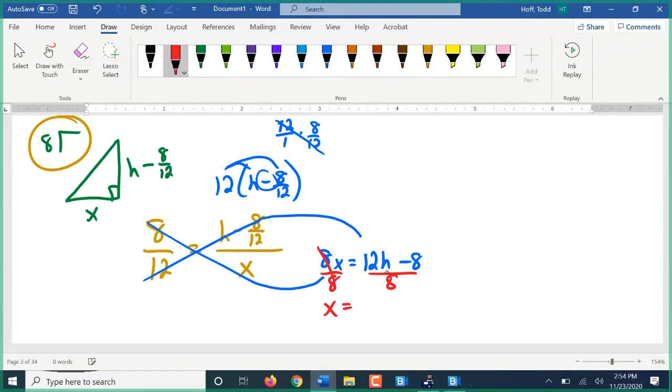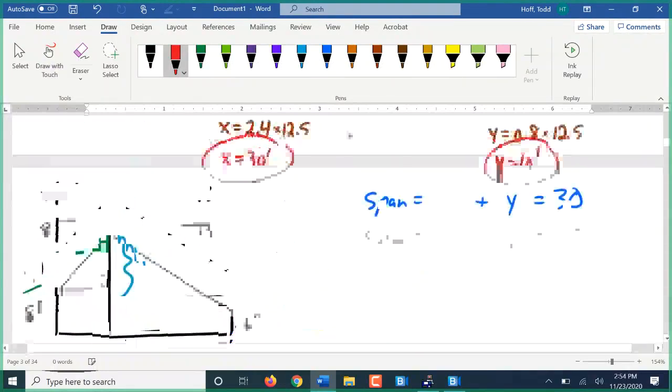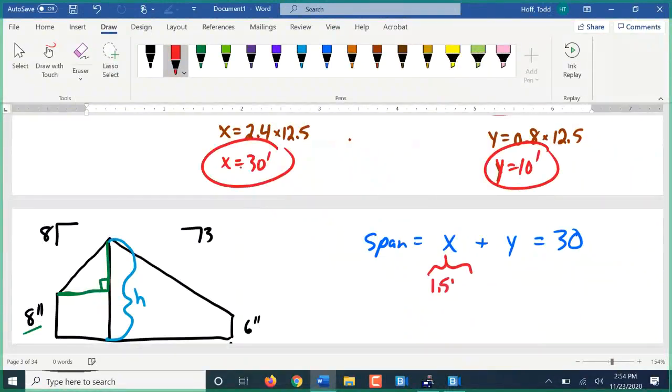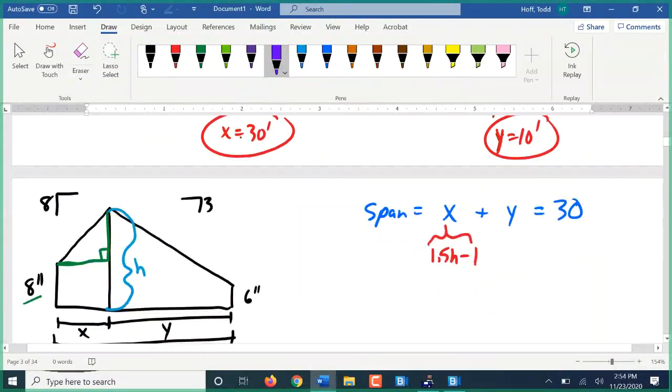X equals 12h divided by 8. Well, 12/8 is actually just 1.5h. Negative 8 divided by 8 is a negative 1. So x equals 1.5h minus 1. So x here, 1.5h minus 1 is what's going to go in there.